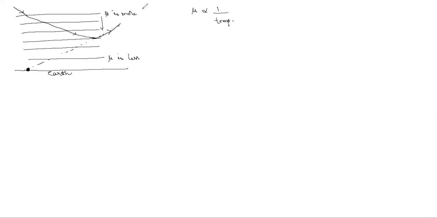Now, if we link this mirage concept to an objective question previously given in an exam: take one glass slab, suppose this is one glass slab taken on the X and Y axes.